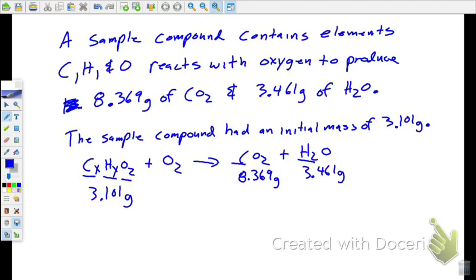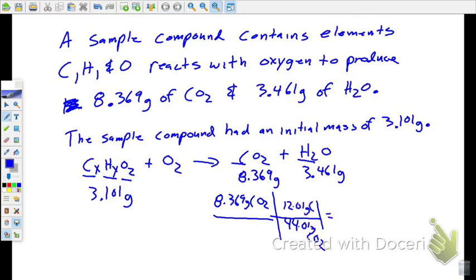But if you want to do it all in one step, you say, okay, I've got 8.369 grams of CO2. I'm going to say that for every 44 grams of CO2, I have 12 grams of carbon. That's a ratio, mass to mass. So the 44, is that just the molar mass of the thing? Yes.